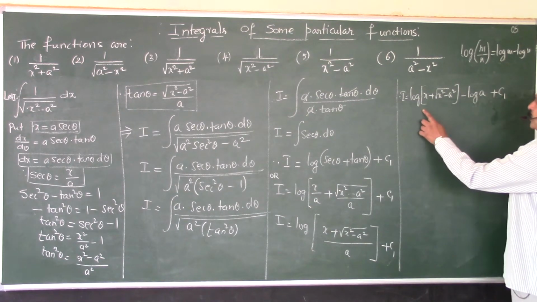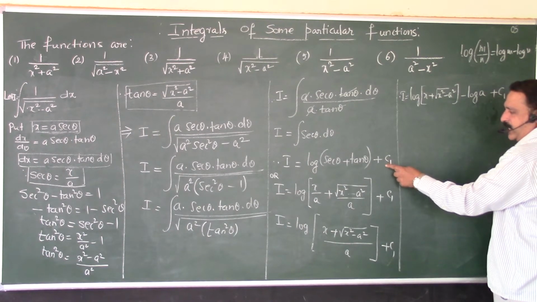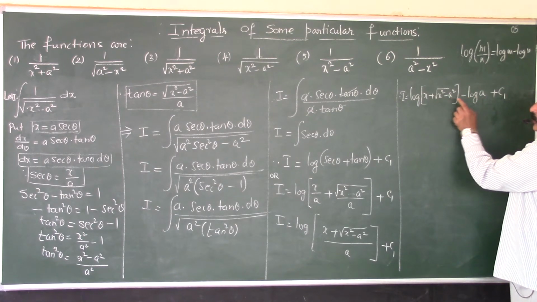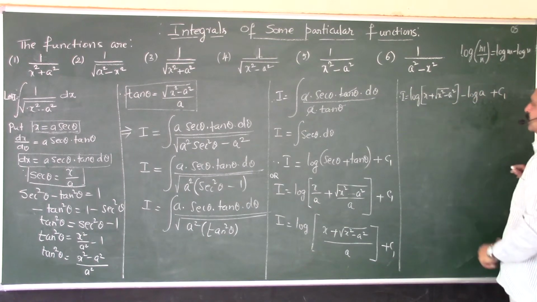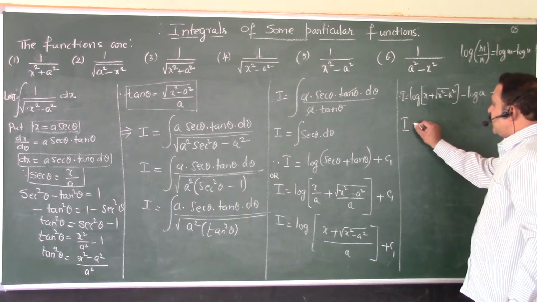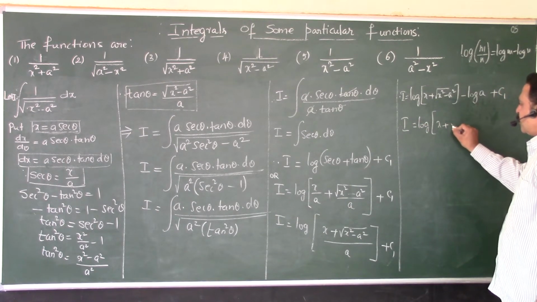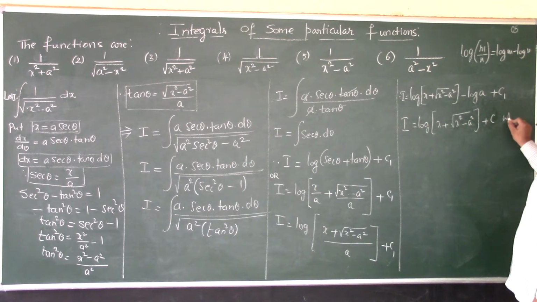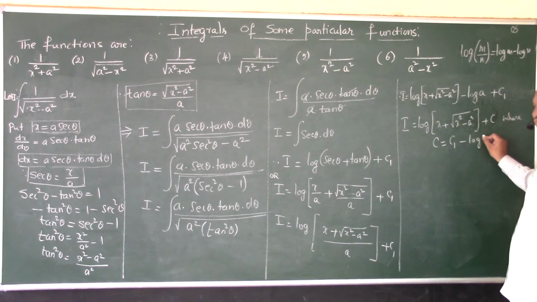Now here, if you observe, C1 is a constant, which we have assigned to be a constant. Logarithm of a is also a constant, because a is constant. So a constant minus constant should be another constant, which we represent by C. Therefore, I equals log of x plus root of x square minus a square plus C, where C is C1 minus log a, which itself is a constant.